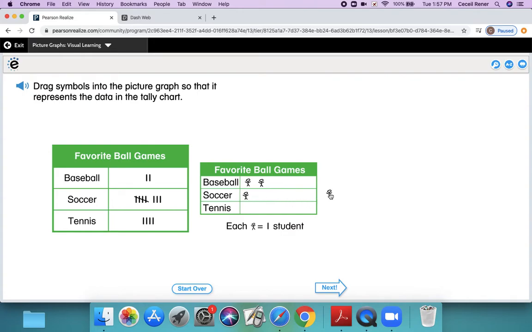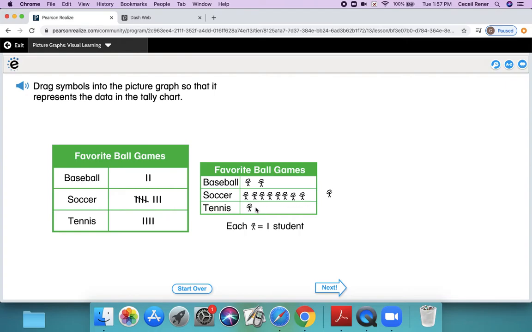1, 2, 3, 4, 5, 6, 7, 8. And then tennis, it's 4, 1, 2, 3, 4. Each of these equals one student, so I need 4.